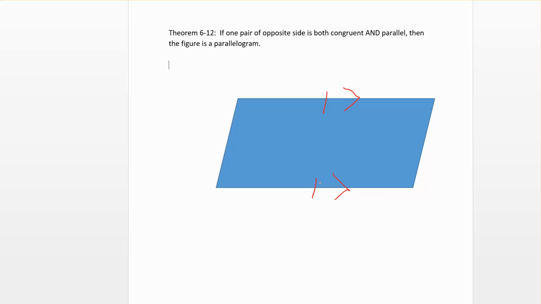Now this one's a little different. In the others, you had both pairs of opposite sides being congruent, or both pairs of opposite angles being congruent. This one has one pair of opposite sides that is both congruent and parallel. So that's a little different check for us.